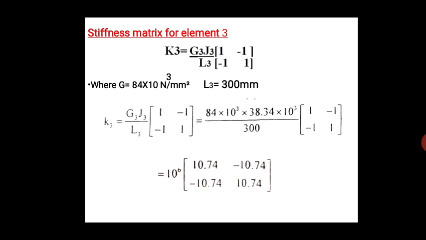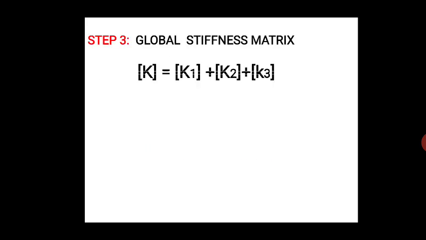Considering these element stiffness matrices, step number 3 is the global stiffness matrix. The global stiffness matrix is the summation of all the element stiffness matrices, that is, K is equal to K1 plus K2 plus K3.